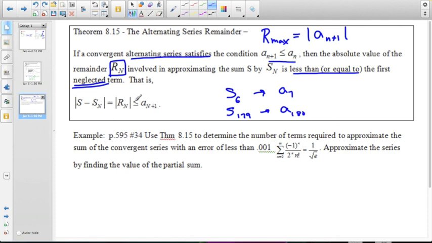And so what we say then is, here's our neglected term. That's as big as it can be, so our remainder is less than or equal to that. And this over here is saying this is the actual remainder. S is the actual sum, and S sub n is the partial sum. So this is the actual remainder.